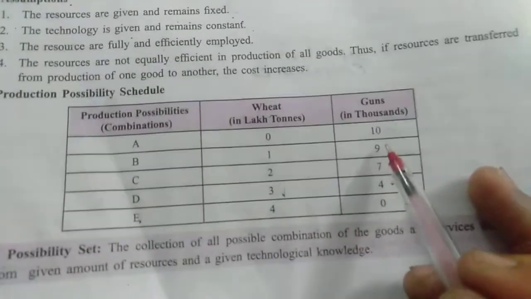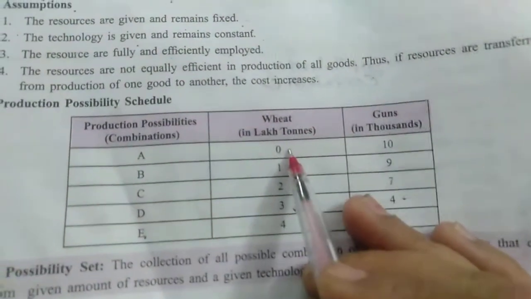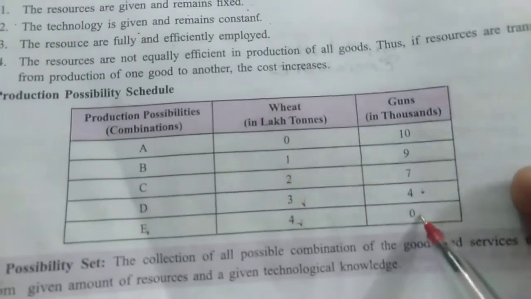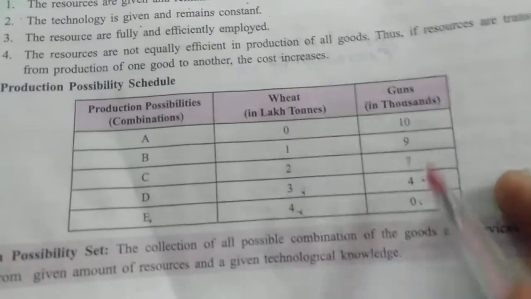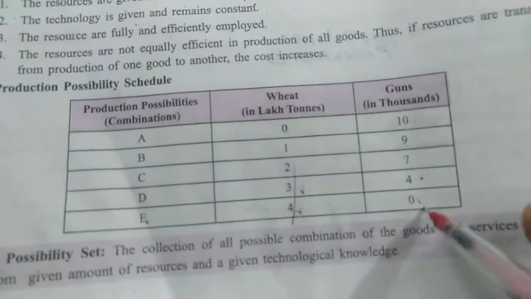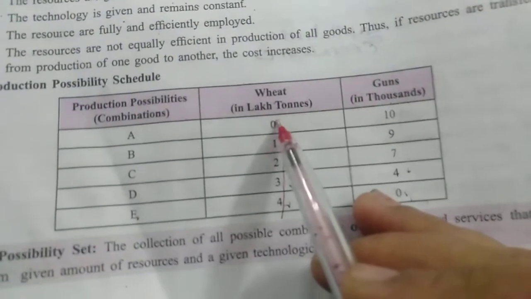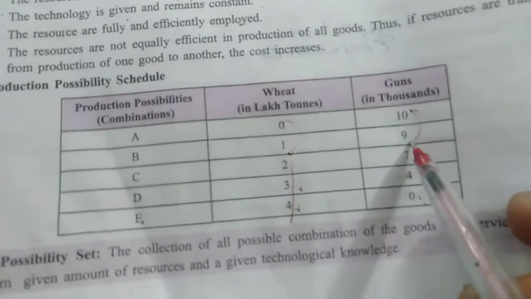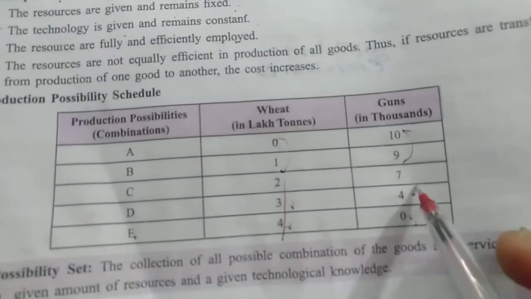If the country finds that the production of wheat is more beneficial and guns is not, they will increase the production of wheat and decrease the production of guns. So in order to produce 1 unit of wheat, they have to sacrifice 1 unit of guns. I hope it has been clear.